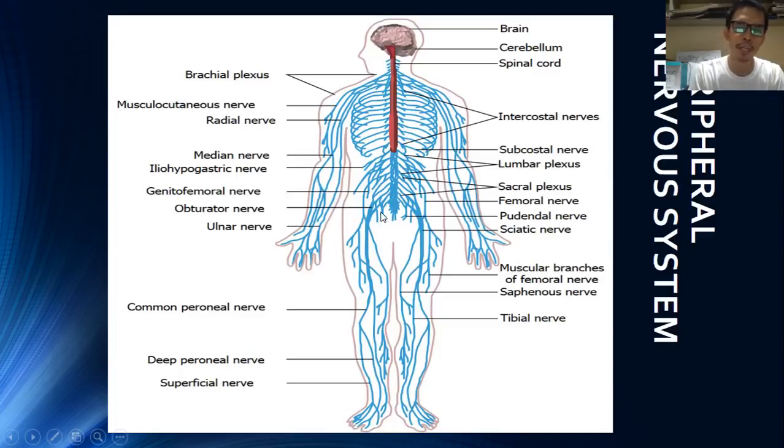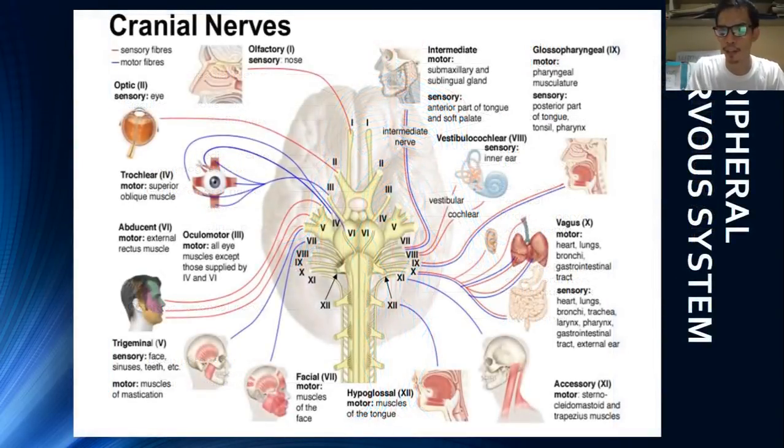So everywhere in our body is made up of nerves. These nerves gather information in the surroundings, and it is integrated by the brain. Then eventually it will send out signals on how the motor neurons in these nerves will do their function. Okay, so that's the peripheral nervous system.